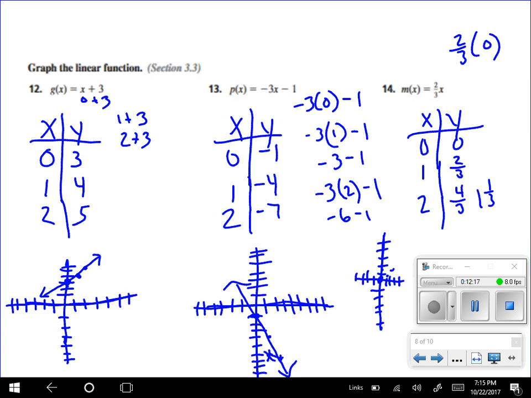It's not very accurate on my made up graph here. So you do need those XY charts, and then do your best to graph. If you did that on graph paper, it probably helps.